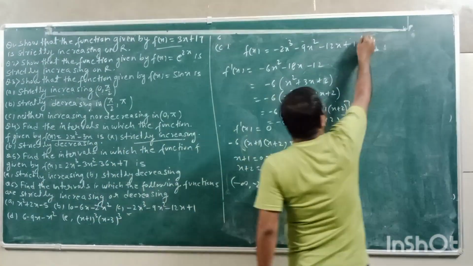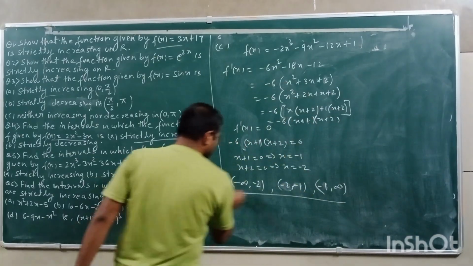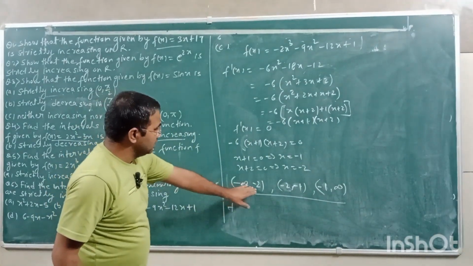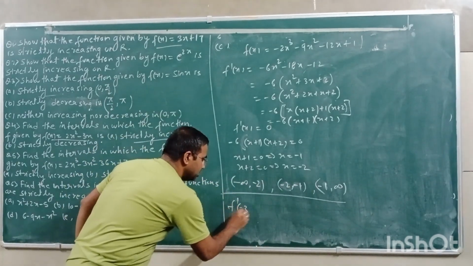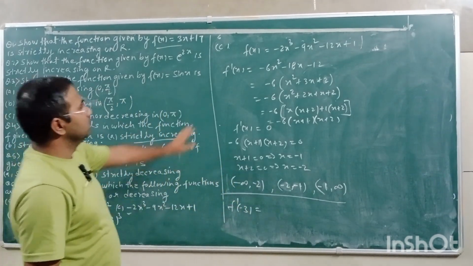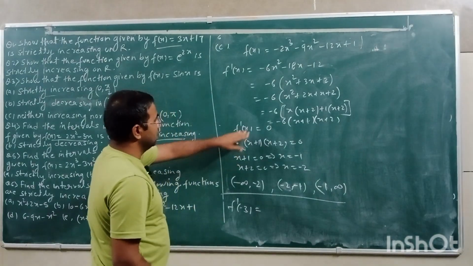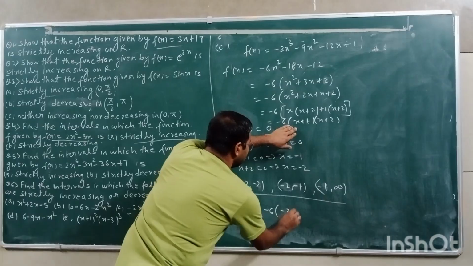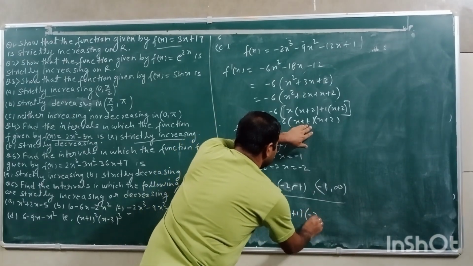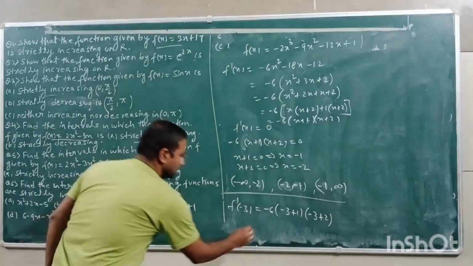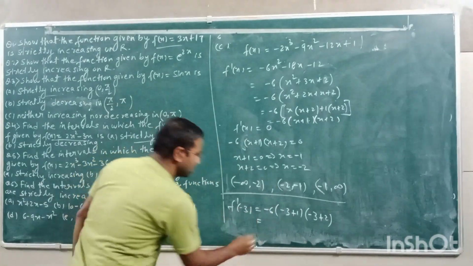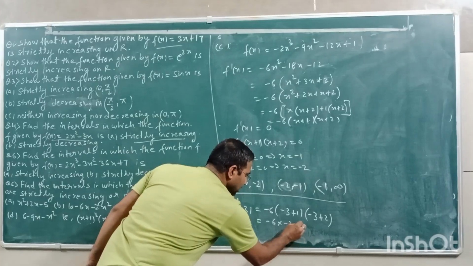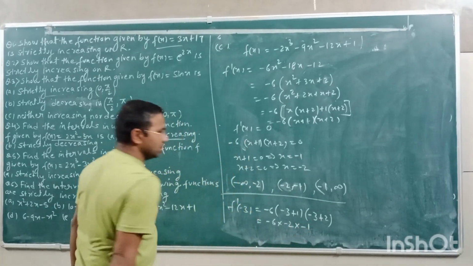Now let us check first f dash. From minus infinity to minus 2, suppose you are taking minus 3 and putting it in the given f dash x: minus 6, minus 3 plus 1 and minus 3 plus 2. Then check whether a positive or negative value is coming. Then minus 3 into minus 2 will come and here minus 1 will come.